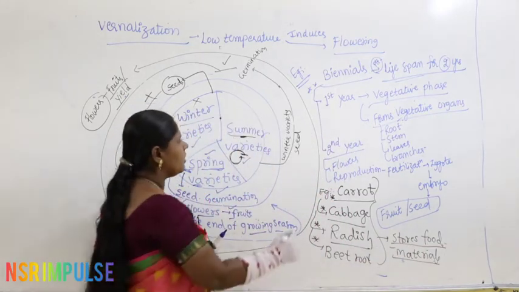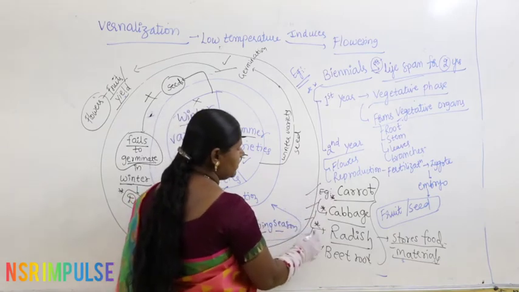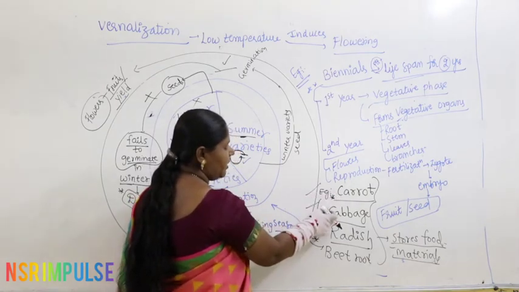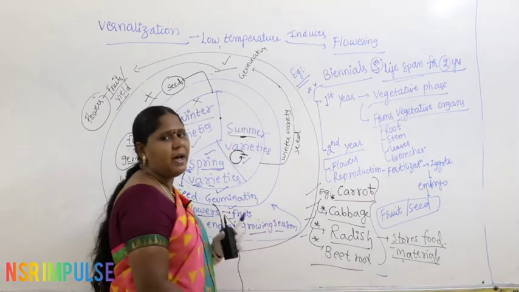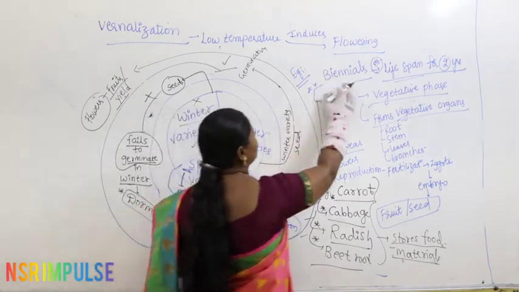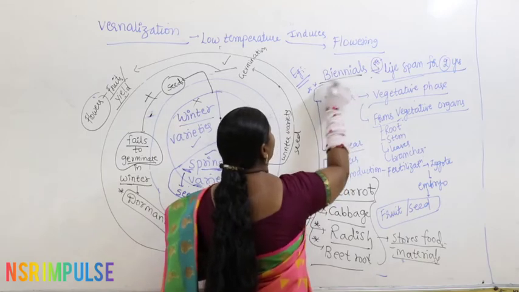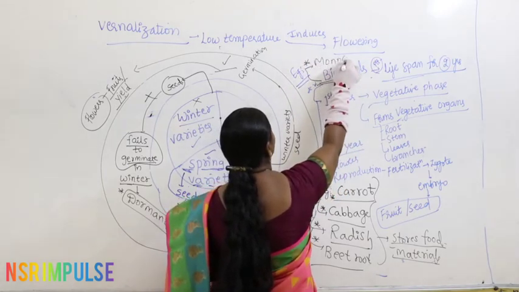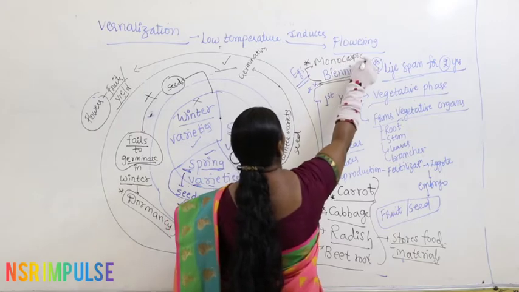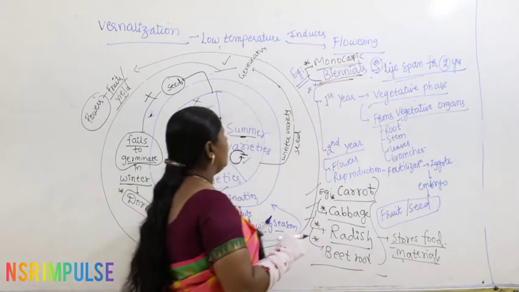Okay, so these are all nothing but biennials. Carrot, cabbage, radish, beetroot: these are all biennials. One more point to remember, these biennials are monocarpic. What's the meaning of monocarpic?